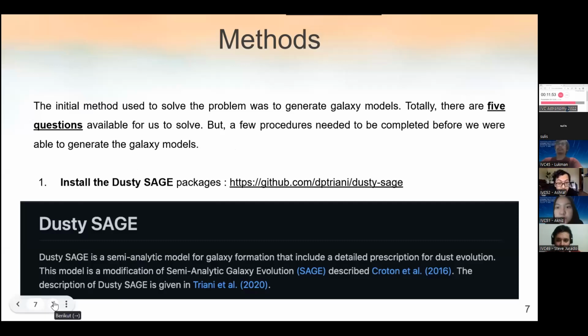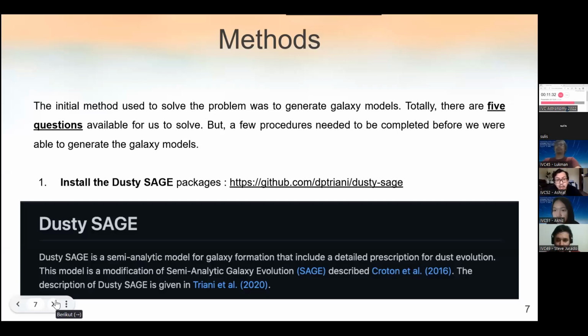Hello. Hi. I am Ashraf, and now I am going to share with you the initial method that we use in our assignment. For our task, the initial method used to solve the problem was to generate the galaxy models.